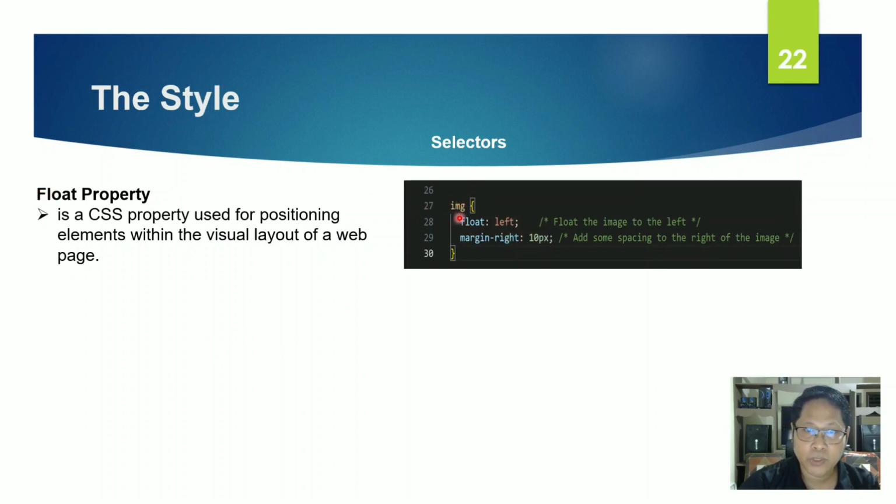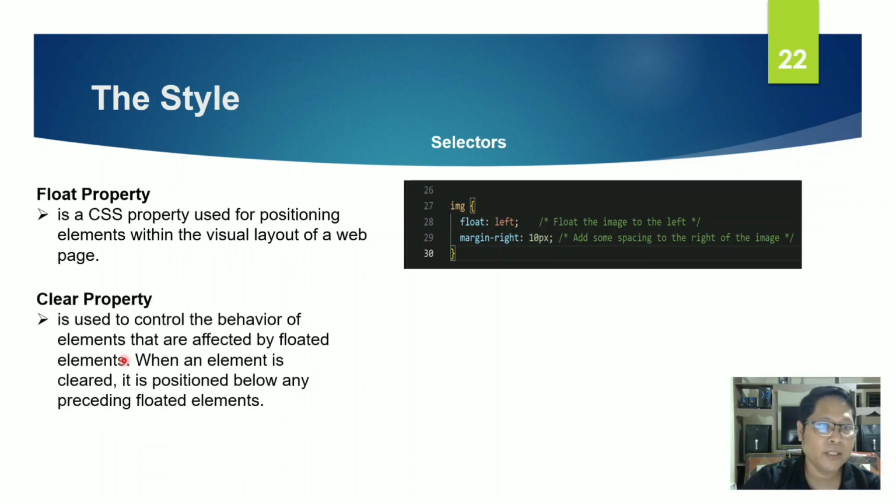We have a selector here, which is img, and then our float property, float: left. This means float the image to the left. And margin-right: 10px adds some spacing to the right of all images.